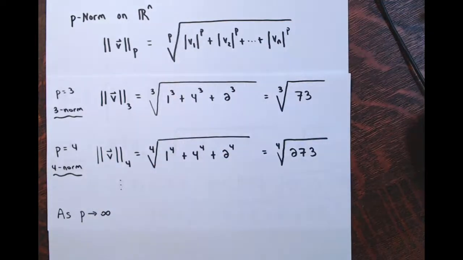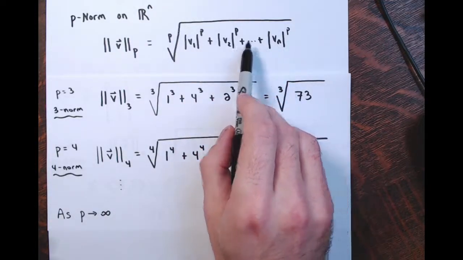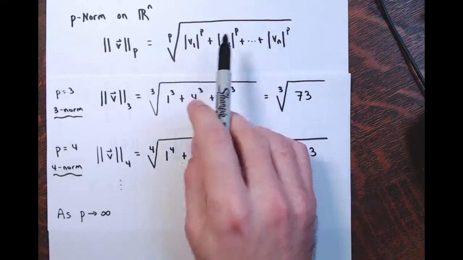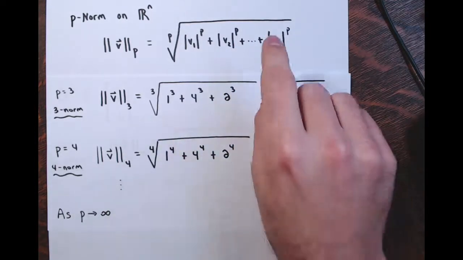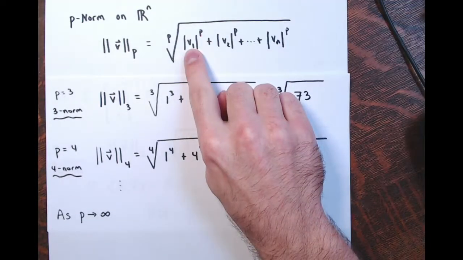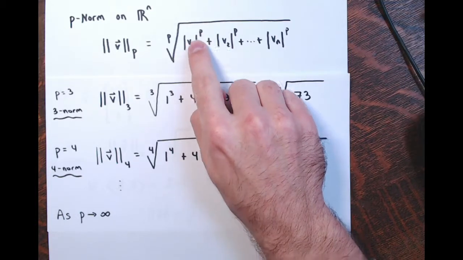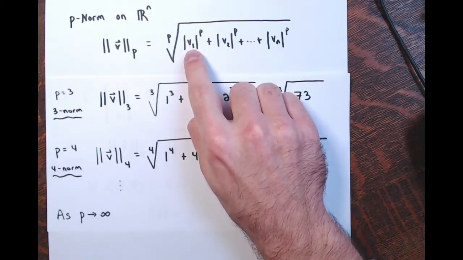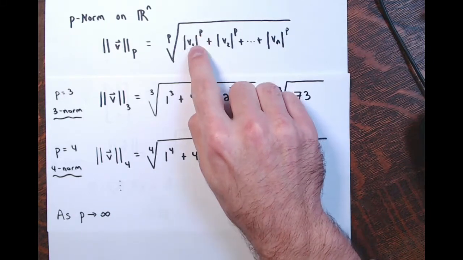What happens is the component with the largest magnitude, the component with the largest value, because you're raising to higher and higher powers, will end up dwarfing the rest of them. So let's say v1 had the largest absolute value. You raise this to 1,000, a million, a billion, a Googolplex, or whatever, making that larger and larger.